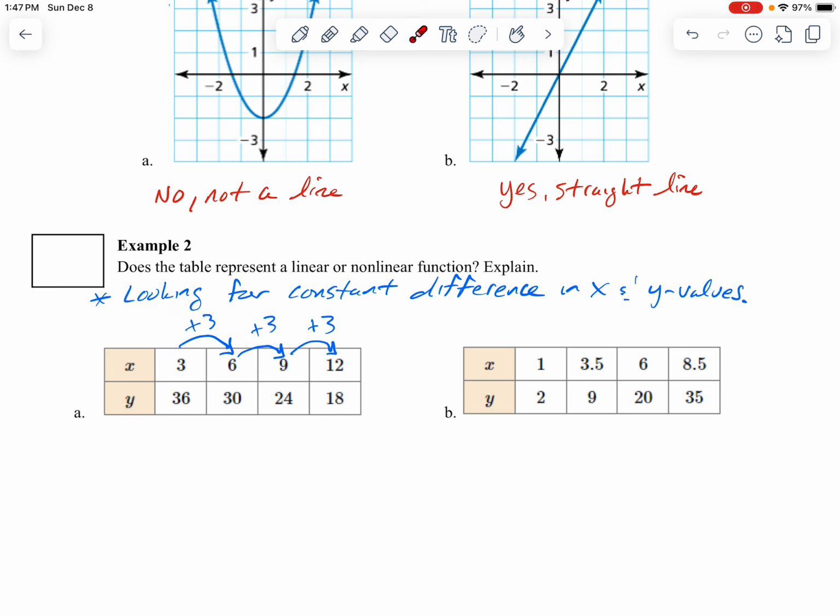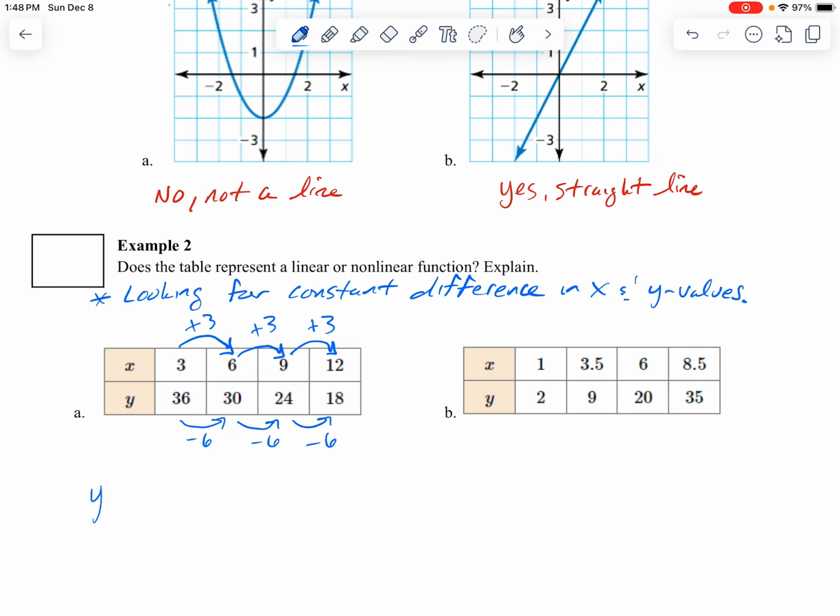Now, if this is a linear function, the same thing needs to happen in the y values. It doesn't have to be 3. It doesn't have to be the same number, but that difference has to be constant. So for example, what's happening here, we are minus 6. 30 to 24, again, minus 6. Again, minus 6.